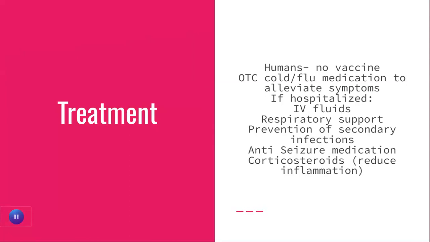And if you're hospitalized, you would be treated with IV fluids, respiratory support if needed, prevention of secondary infections, anti-seizure medication, and corticosteroids as it progresses to a neurological disease. Because if you think back, encephalitis and meningitis are both pretty much inflammation, and corticosteroids help to reduce that.